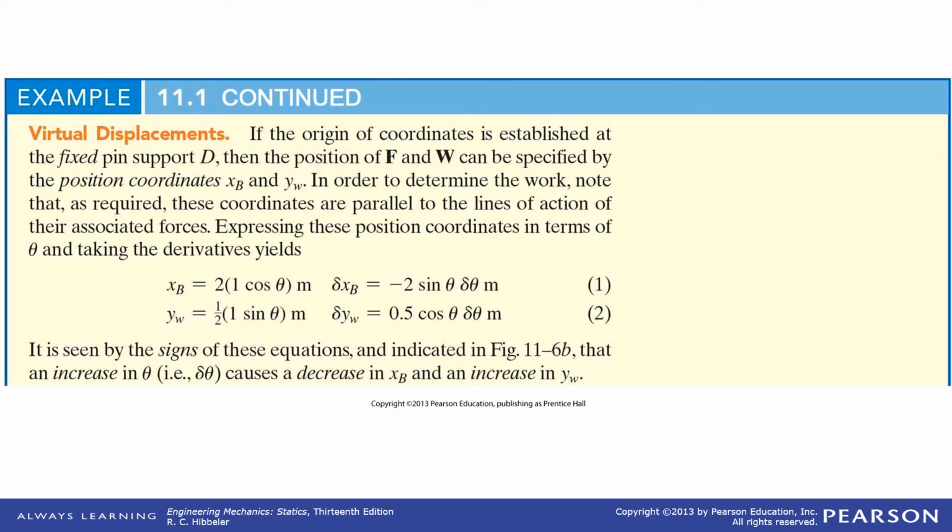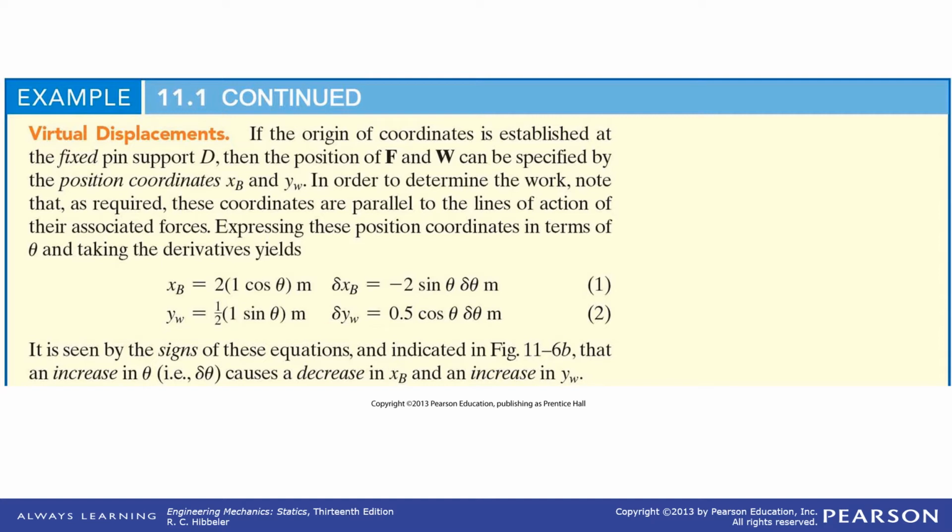And we get the x coordinate here: twice the linkage, 1 meter, cosine theta. Find the delta: negative 2 sine theta delta theta. For y, 1/2 meter sine theta is how far it's down.